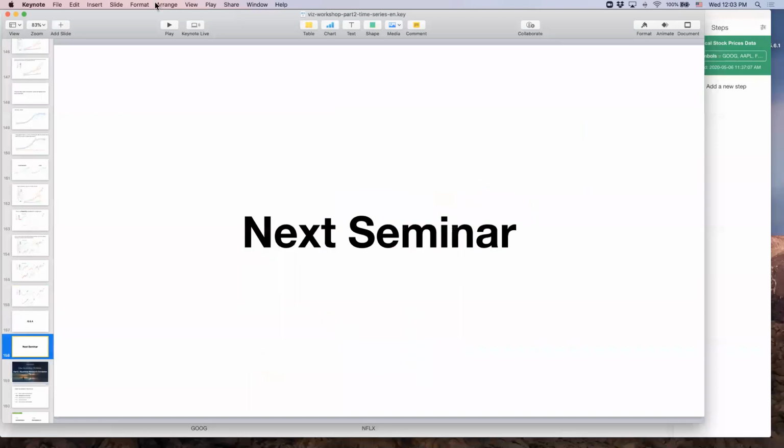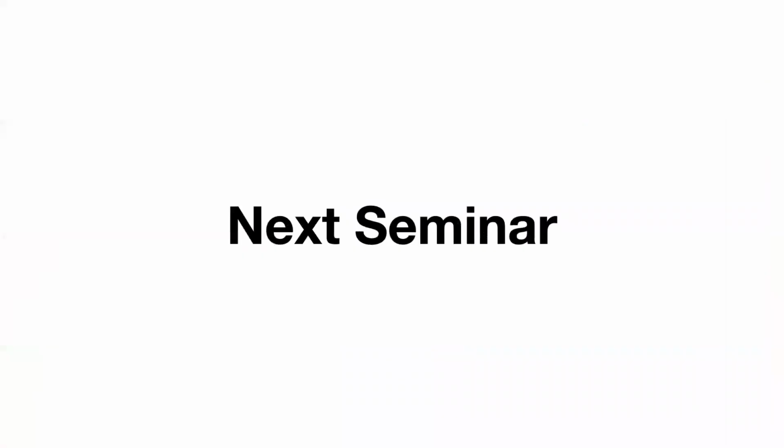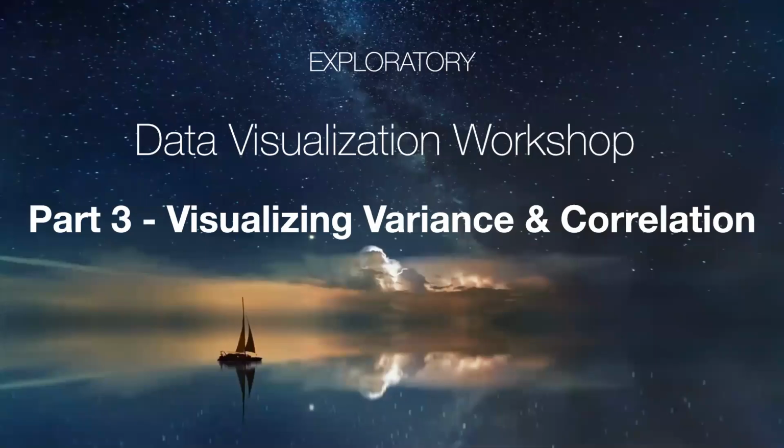Okay, the next seminar is next week. We are planning part 3, where we get into even more fun stuff: visualizing variance and correlation. For example, price data, even stock price data, varies from 10 to 1,000 or something like that.